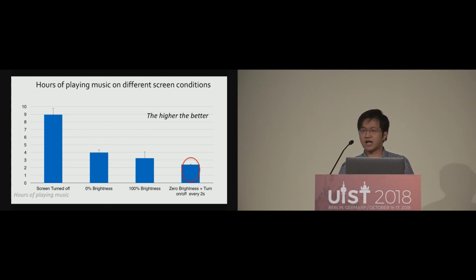The reason is that when you keep turning the screen on and off, the app has to destroy the UI and reconstruct it back and forth, which induces more calculation and power consumption. So here's our goal. We're trying to minimize the power consumption by the screen.